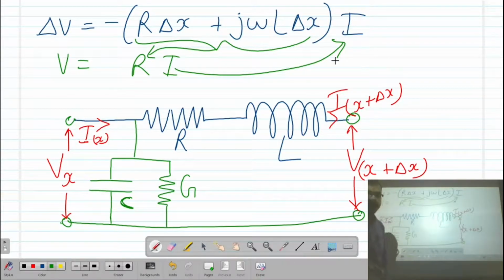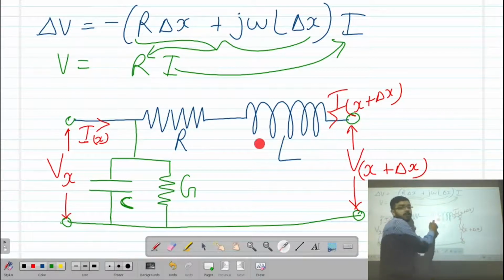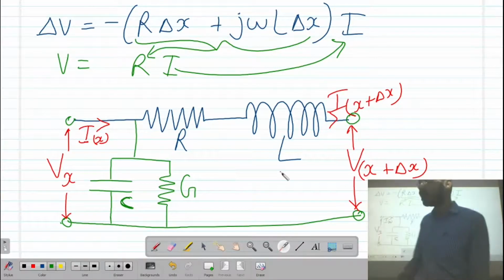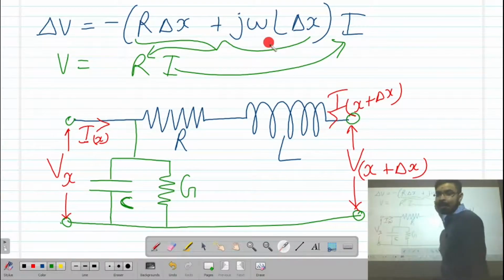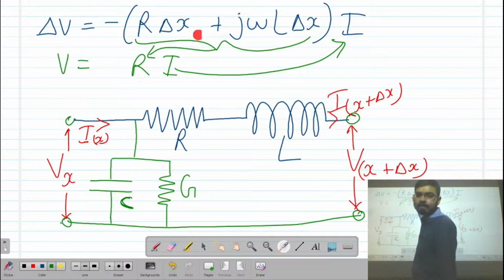Because you have resistance, and you also have the inductor L, which has a reactance given by j omega L, and with respect to change in delta x amount of length, the value of R changes.